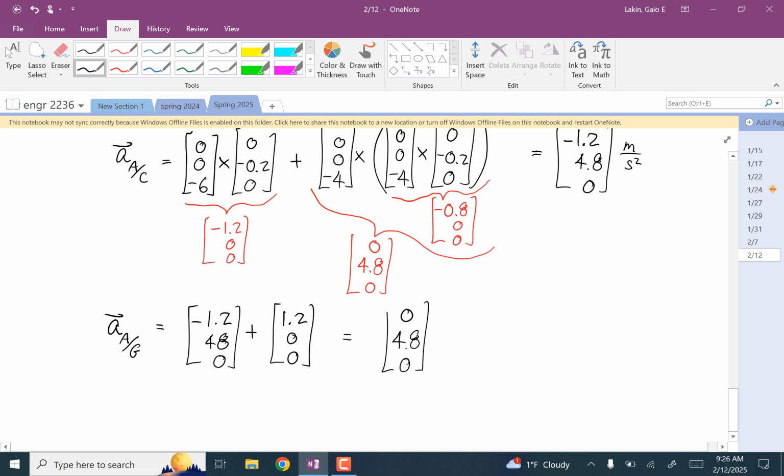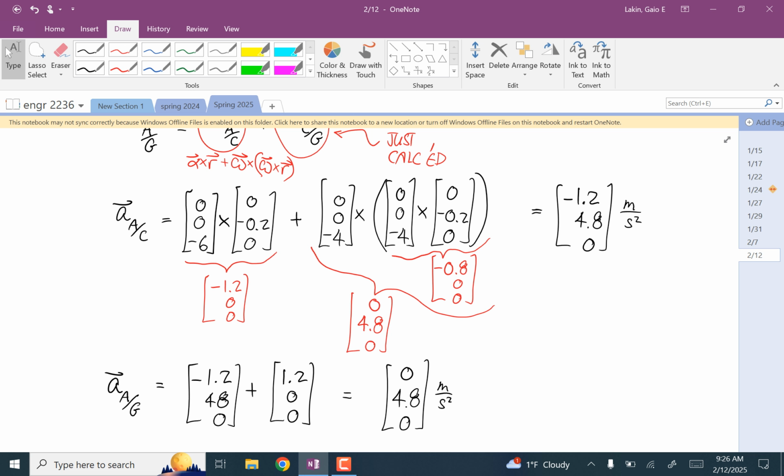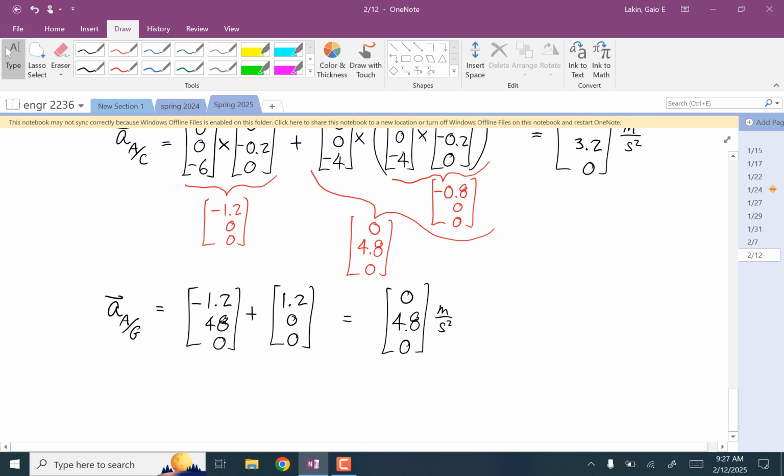I think it should be 3.2 instead of 4.8. 0.8 times 4. Yeah, 0.8. Yes. Thank you. I was looking at the 1.2. 3.2. Thank you.